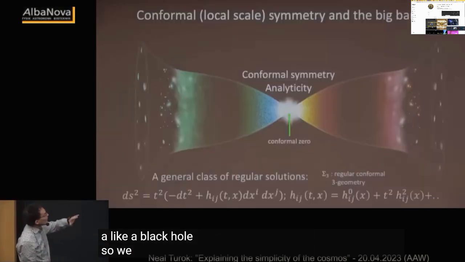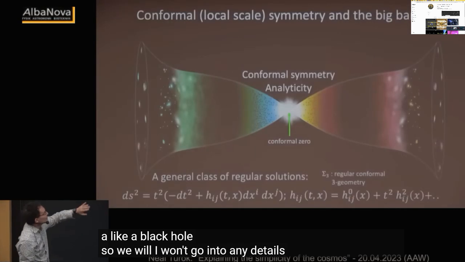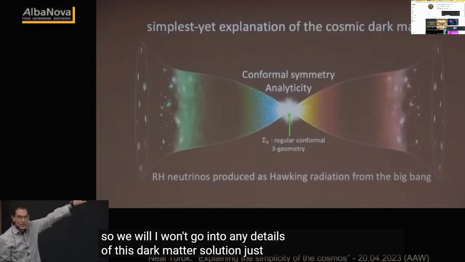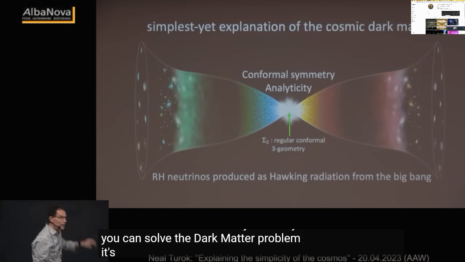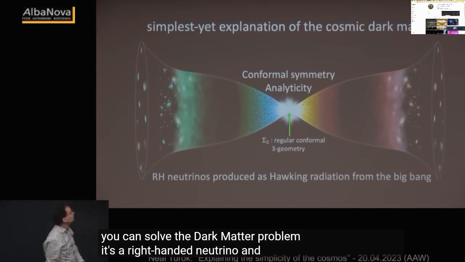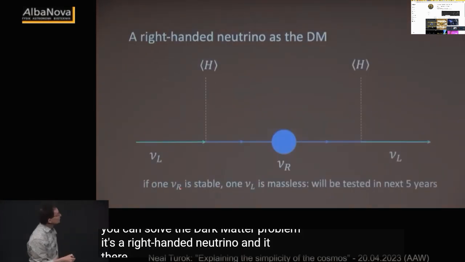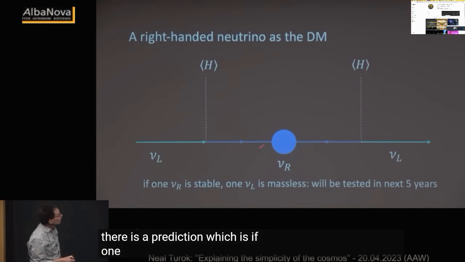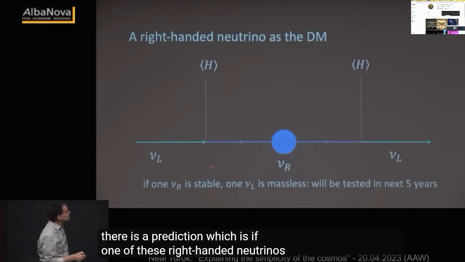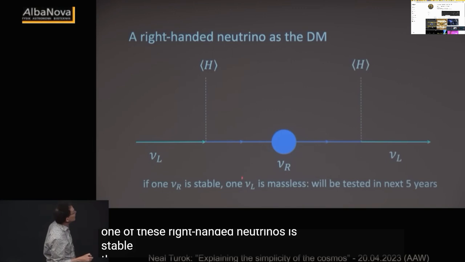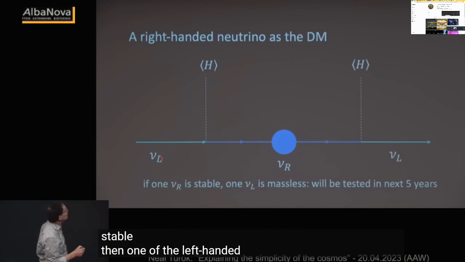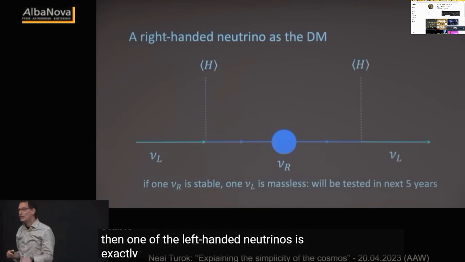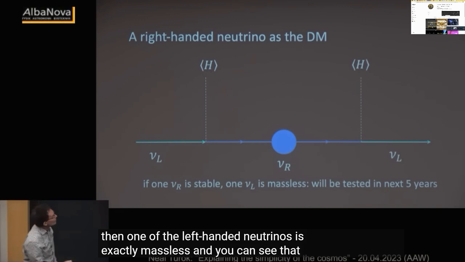So I won't go into any details of this dark matter solution, just to say you can solve the dark matter problem. It's a right-handed neutrino, and there is a prediction, which is if one of these right-handed neutrinos is stable, then one of the left-handed neutrinos is exactly massless. And you can see that from this picture.